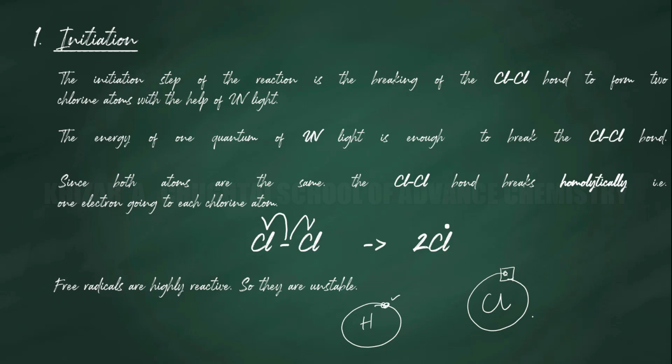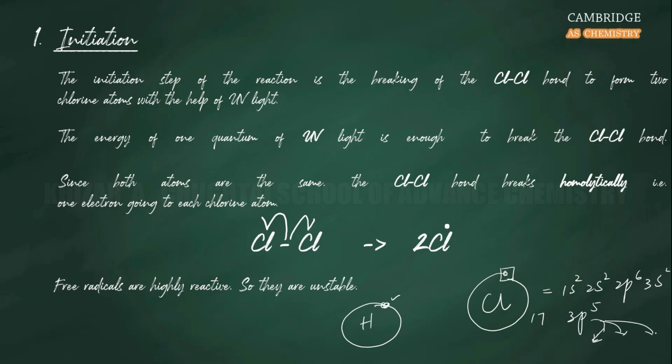For example, 17 electrons in total. So the electronic configuration is 1s2, 2s2, 2p6, 3s2 and 3p5. If we split this subshell into orbitals, there are 3 p orbitals, px, py and pz.